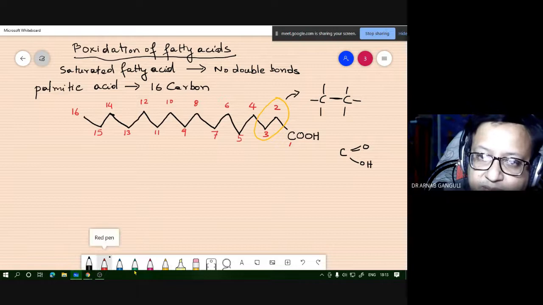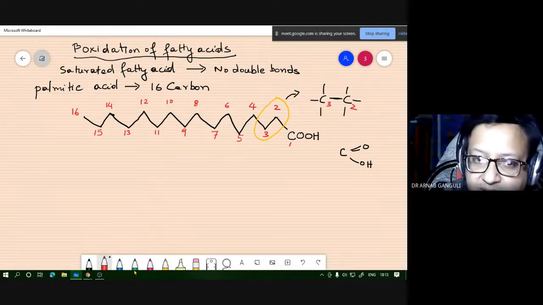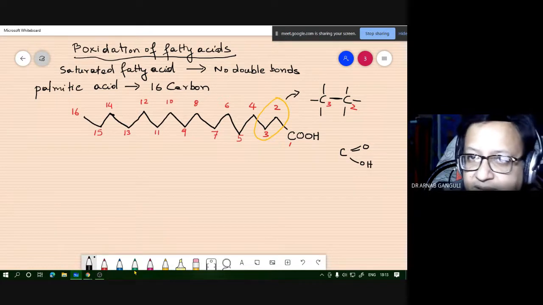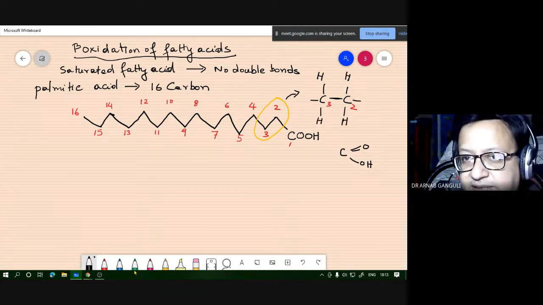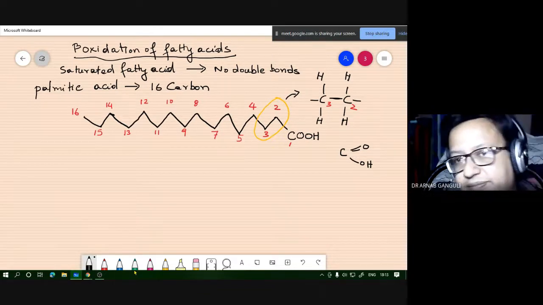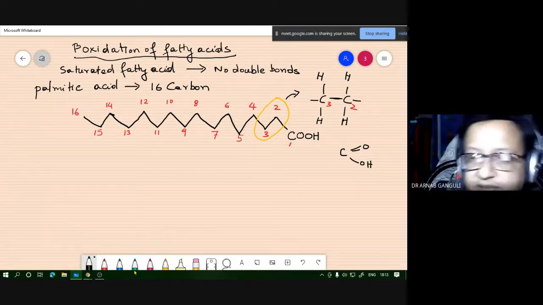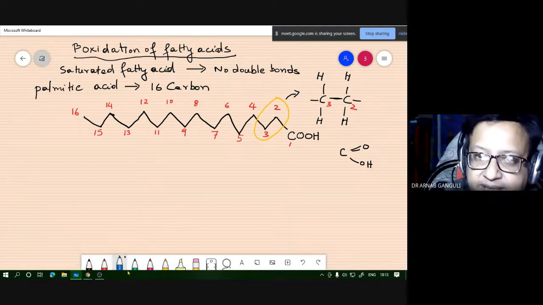So this is carbon number 2, carbon number 3, and this is CH2. I am not drawing the hydrogen. I am just drawing the skeletal structure. 2 and 3. So it is present like this.